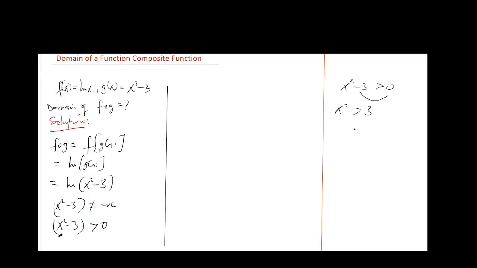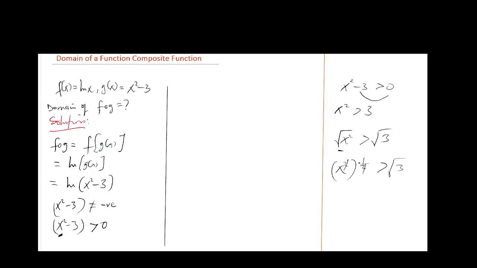Now to solve for x, we have to take the root of both sides. What taking root of both sides means is we are going to have root of x squared greater than root 3, because what root actually means is x squared to the power of 1 over 2 greater than root 3.